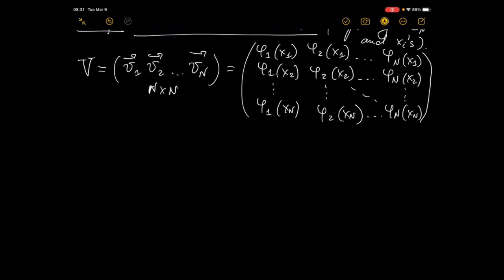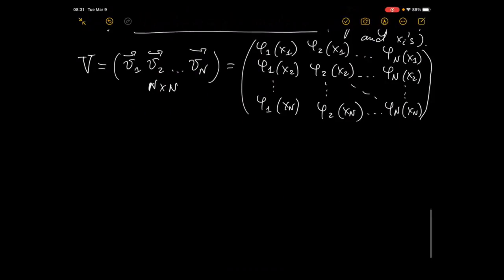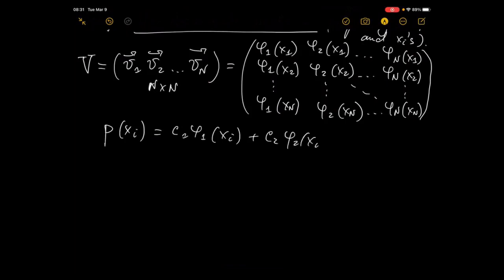What does it mean that we were able to find this interpolant p(xi) equal to c1 phi1(xi) plus c2 phi2(xi) and so on? What does it mean that our interpolant goes through all the data points?